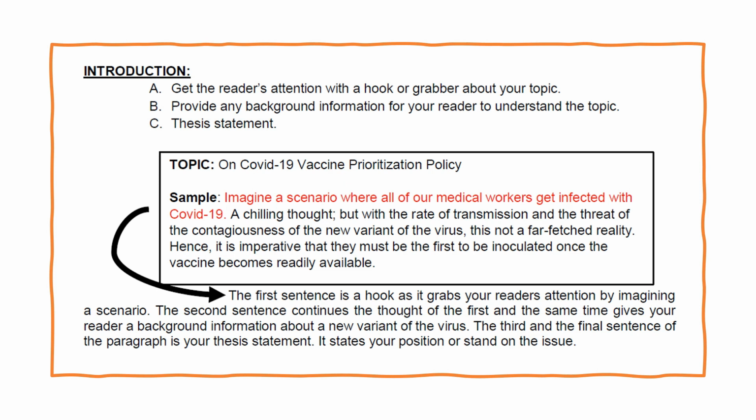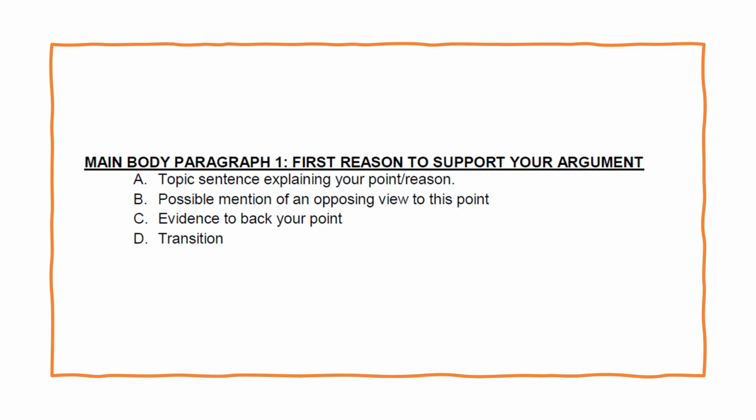Well, next point. In main body paragraph 1, which I will show you later. Point 1, topic sentence explaining your point or reason. Point 2, possible mention of an opposing view to this point. Point 3, evidence to back your point. And lastly, transition.